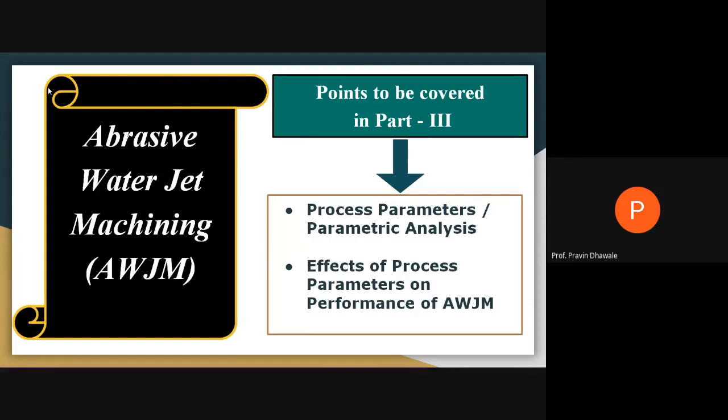Now in this part, we have to focus on the different process parameters that you have to consider while carrying out the machining operation by using the abrasive water jet machining process. That analysis is called a parametric analysis. What are the input parameters you must consider in order to study the effect on the output parameter?